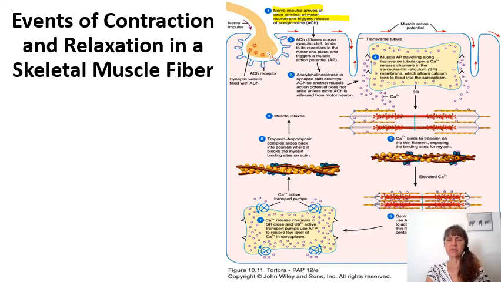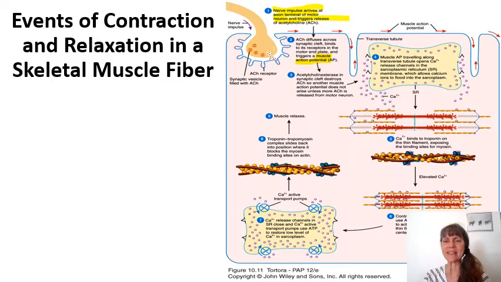As acetylcholine is released, it binds to acetylcholine receptors and causes a muscle action potential. Technically, it's an end plate potential. Either end plate potential or muscle action potential are fine.